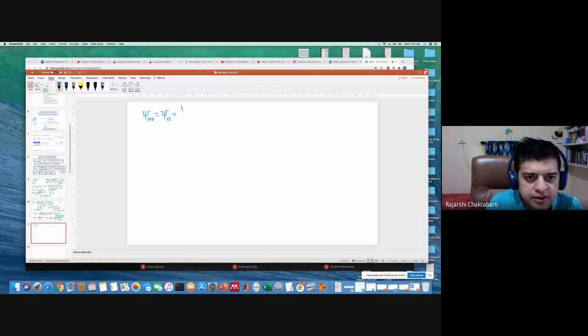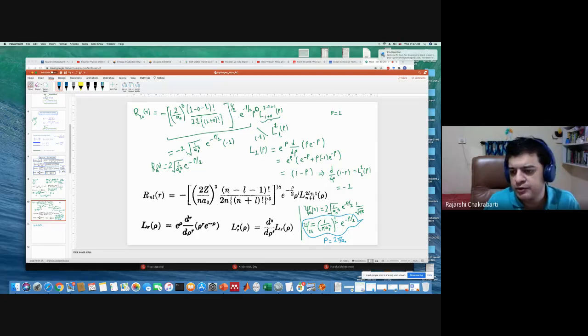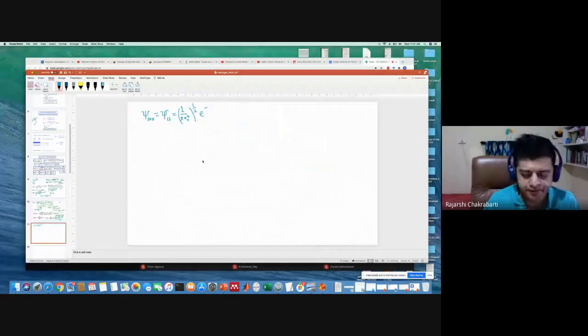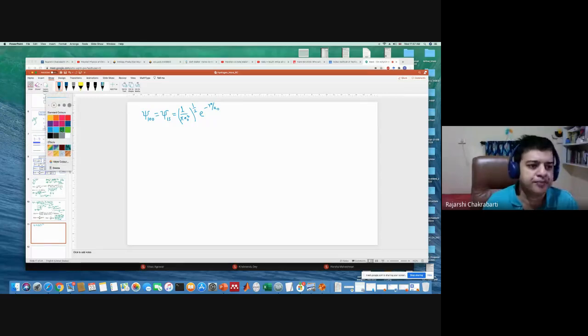I think I have written it like this. E to the power of minus, now rho is twice r by a0, so the 2 will cancel, minus r by a0. And this is 1s. This is very familiar to you, I hope.